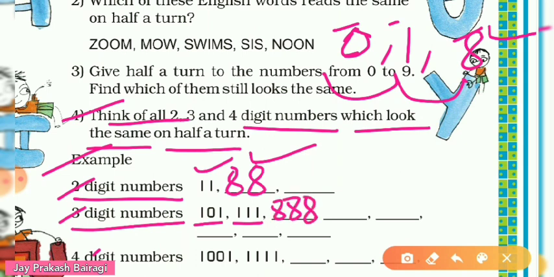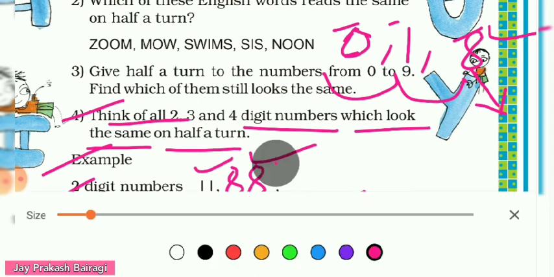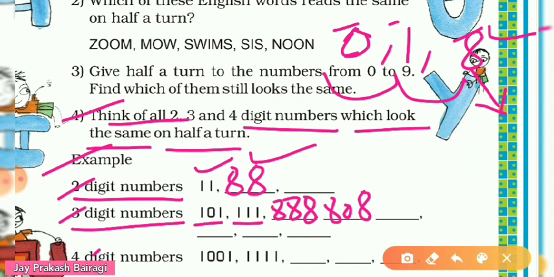Second, you can make a number by using 8 and 0. Write 8, then 0, then 8. 808 you can write there. Then the next number you will make using 8, 1 and 8. That will be 818.